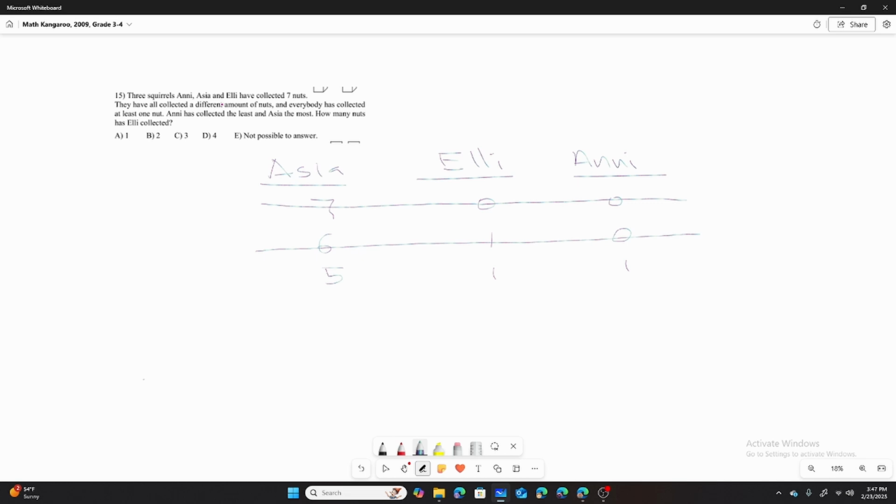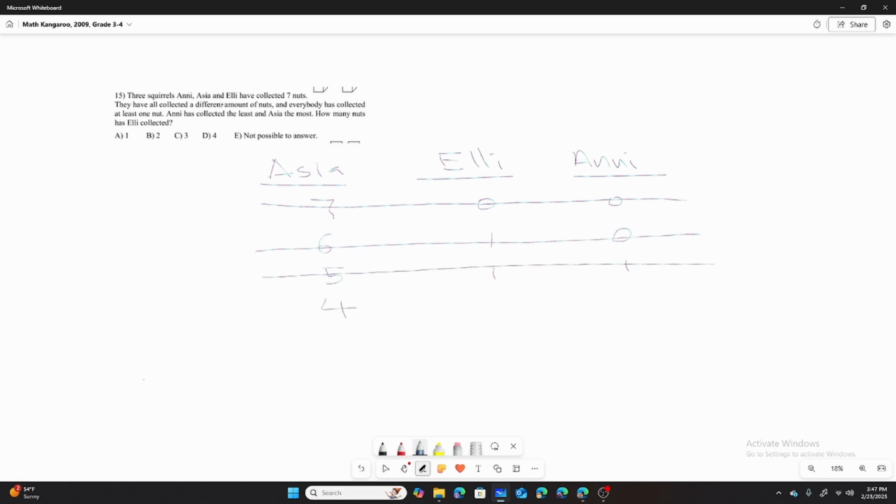But this would violate the condition that each squirrel has collected a different amount of nuts. So the amount of nuts that Ella and Annie collect is 1, so they are identical, and that's not possible. So this does not work.